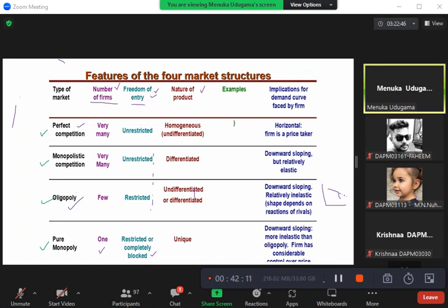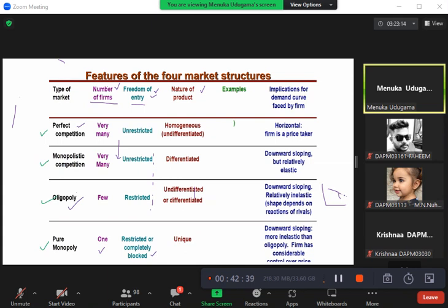I mean, if there's transparent information, like in the case of the dairy industry, you can get pricing on production, information on production of dairy products. You can easily find sellers and buyers. You can easily find prices. So information is also quite transparent, but as you move down, the transparency reduces.